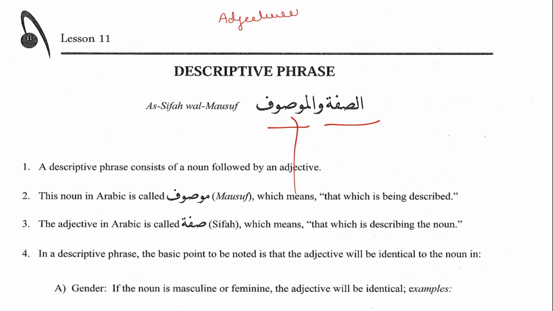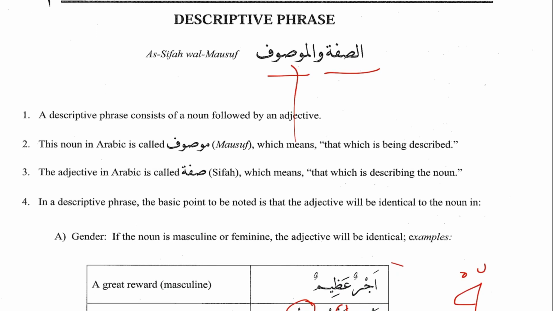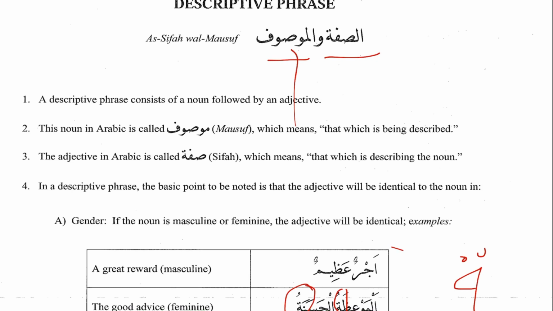One of the commonest ways of specifying adjectives in Arabic is to use this as-sifat al-mawsuf, the descriptive phrase. It basically consists of a noun followed by an adjective, which in Arabic means it depends. It consists of an ism followed by another ism.